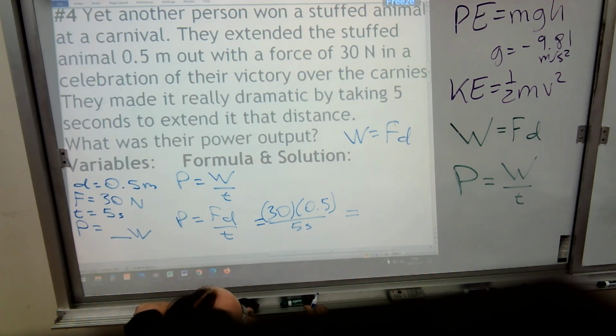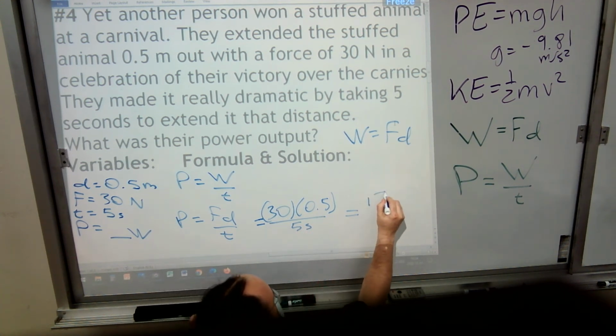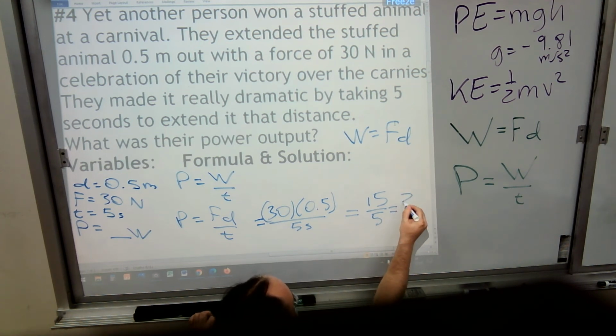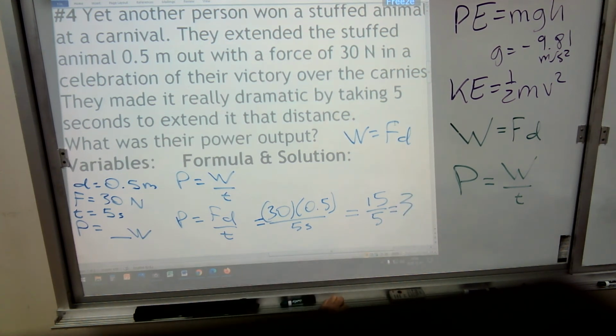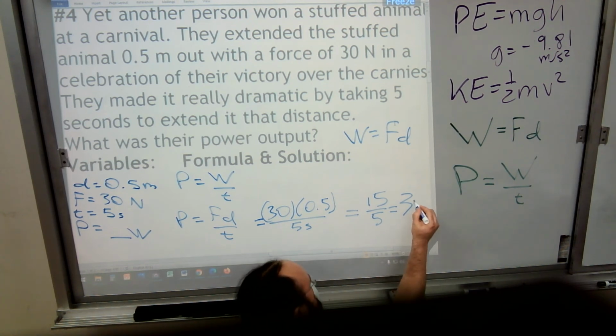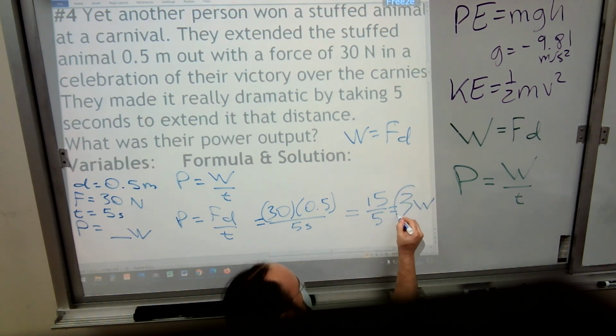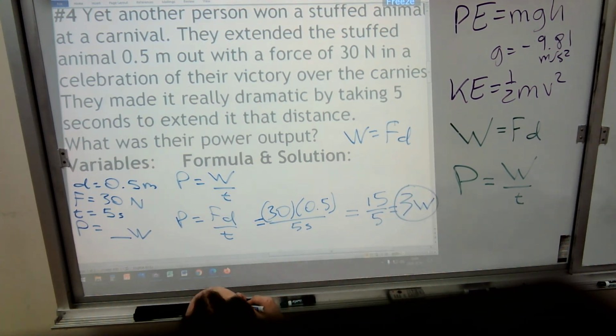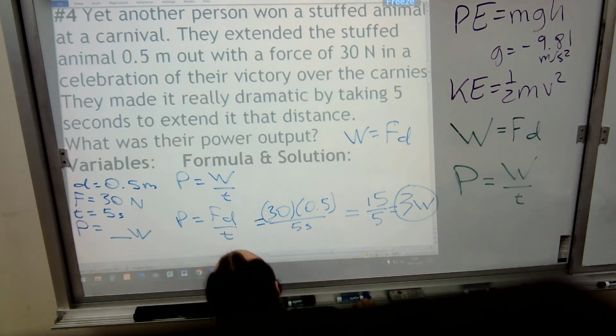What is it? 30 times 0.5 is 15, right? What's 15 divided by 5? 3. And what's the unit now? Watts. Here we go: 3 watts, because we're doing power, and then we're done.